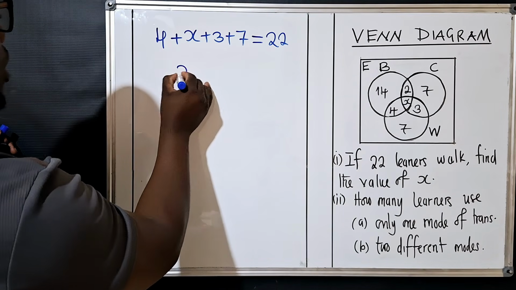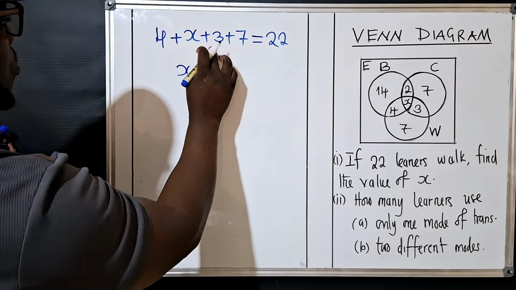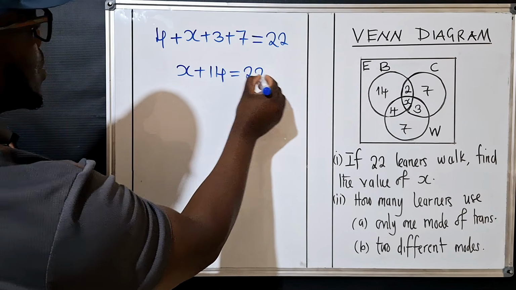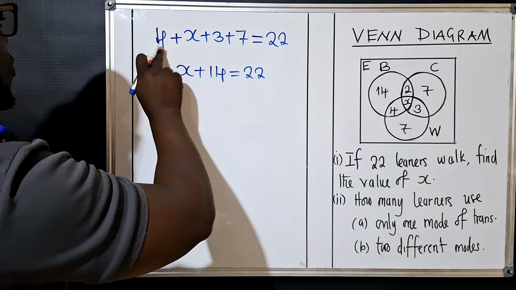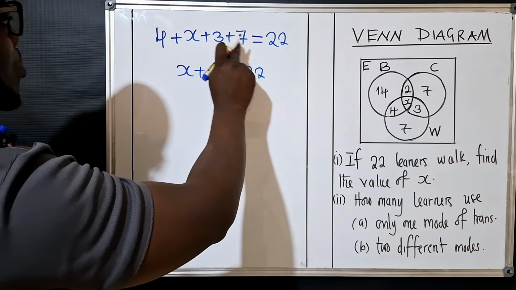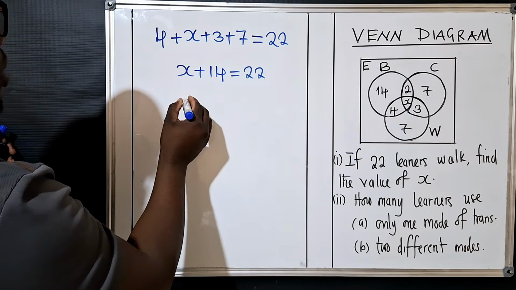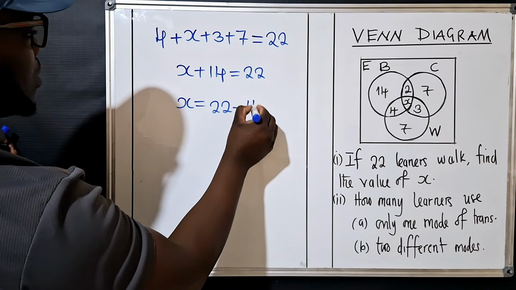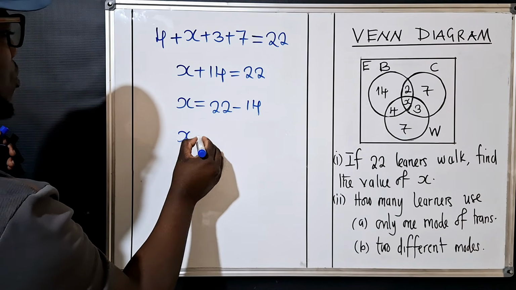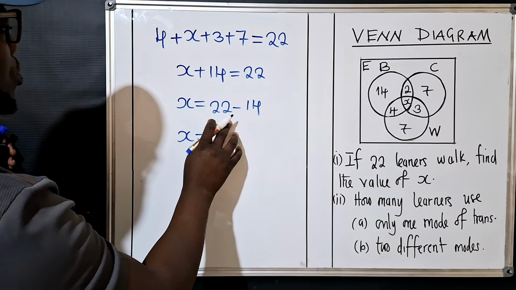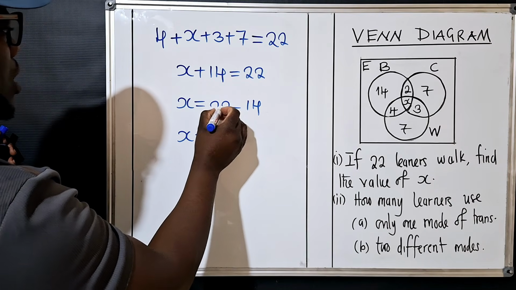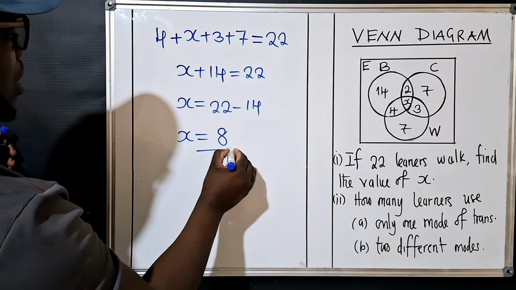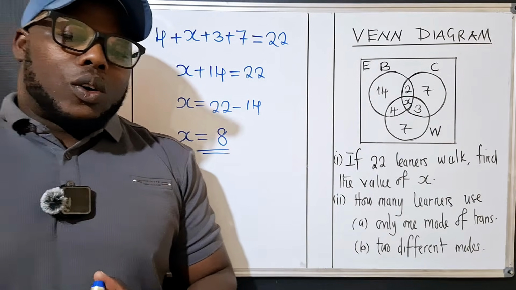We've got x plus 14, because 4 plus 3 is 7, plus 7 is 14, equal to 22. We now group the like terms, and the value of x comes out to be 8.